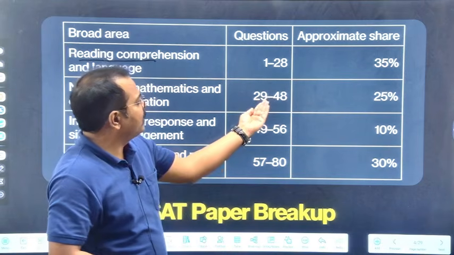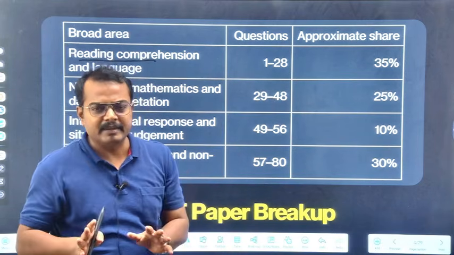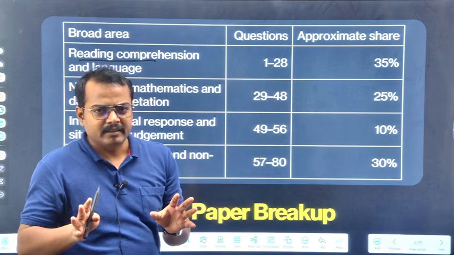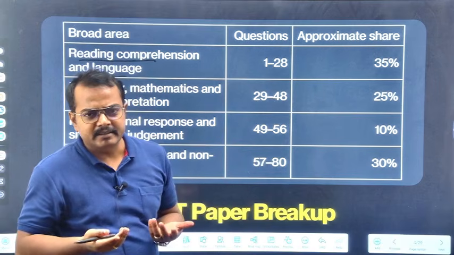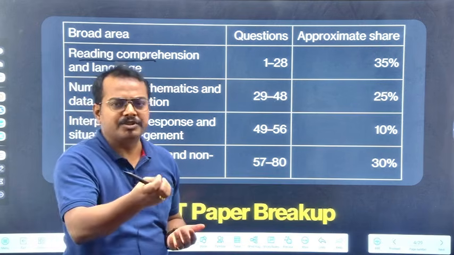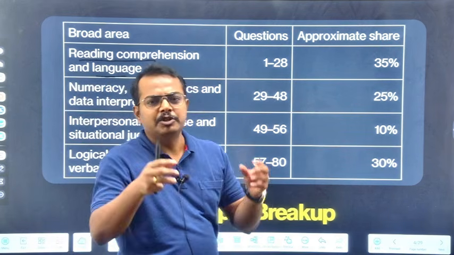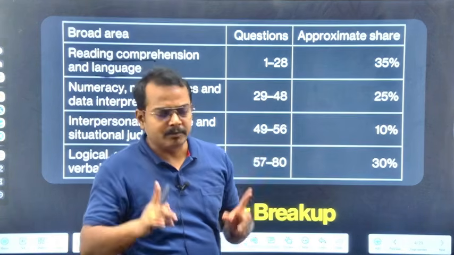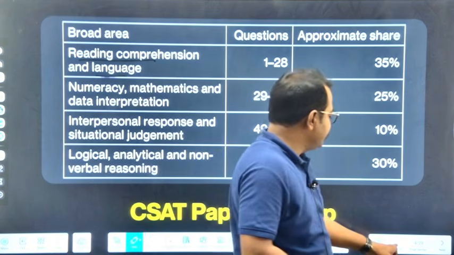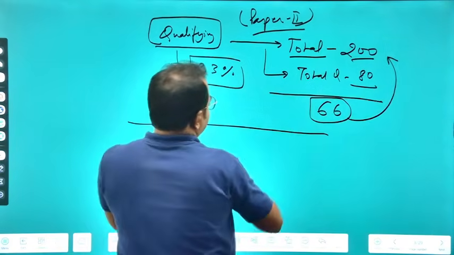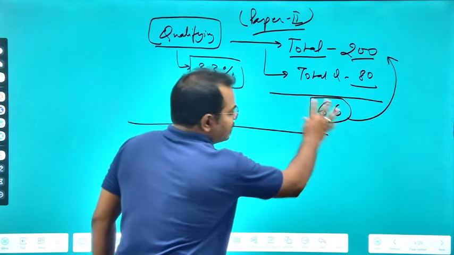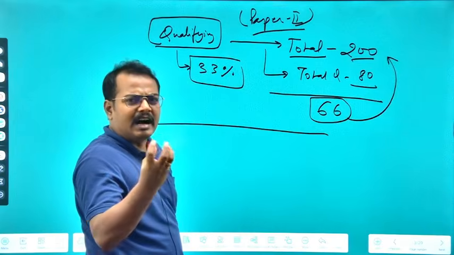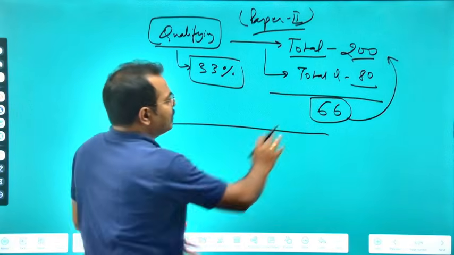Because around 17 to 18 questions of mathematics will be left out, and the remaining questions you can solve. There will be around 60 or 62 questions you can solve, and within those questions also you can clear your exam. Because if you see the calculation, in order to achieve 66 marks, how many questions do you have to solve out of 80?